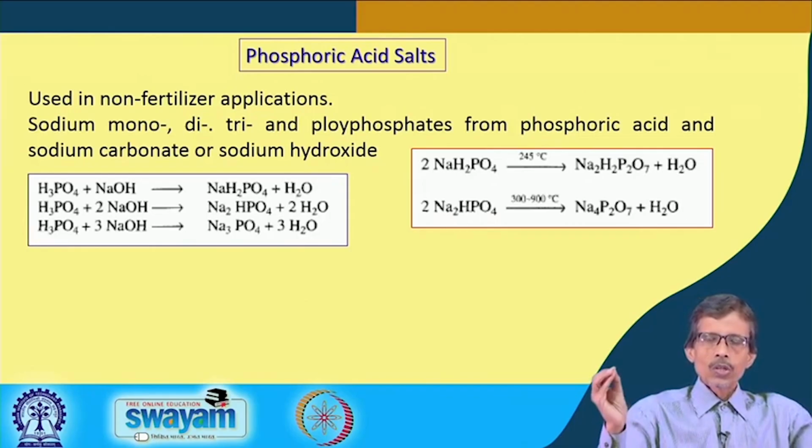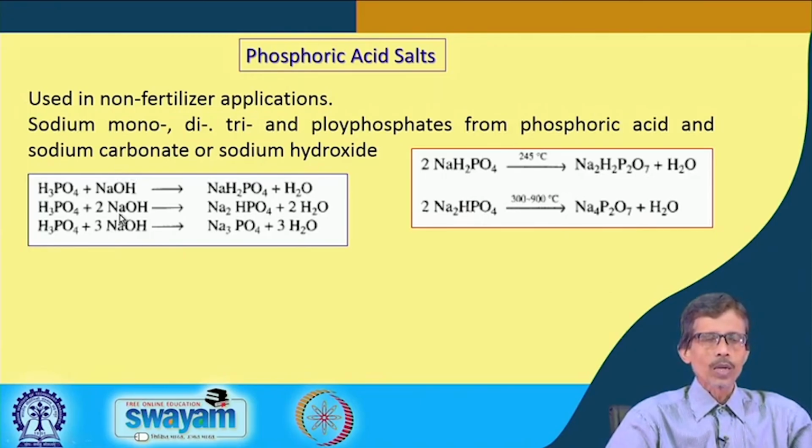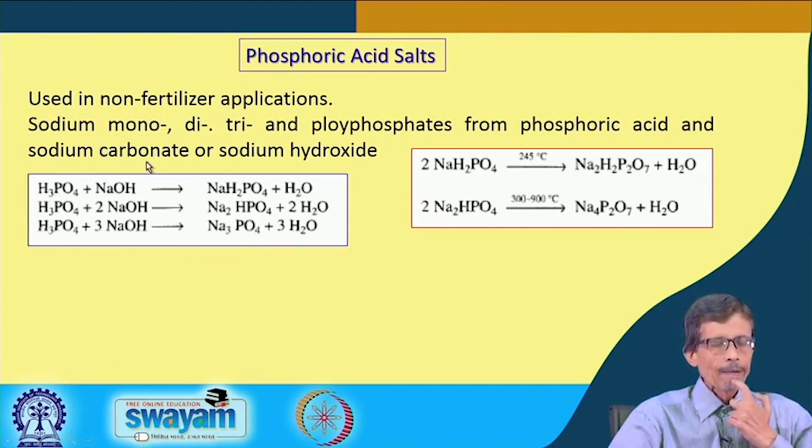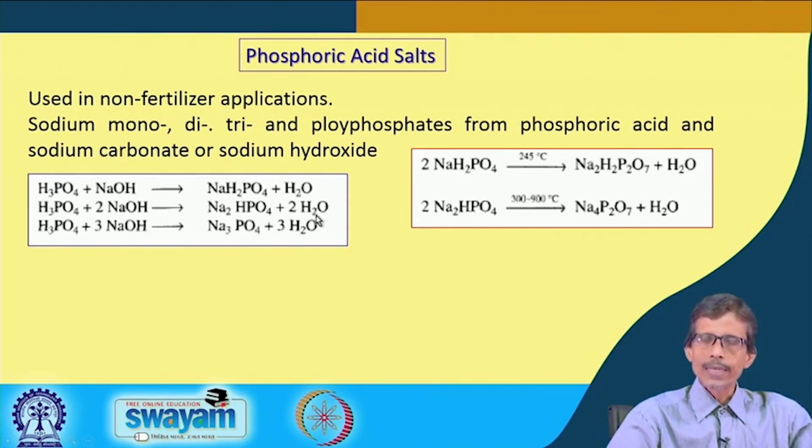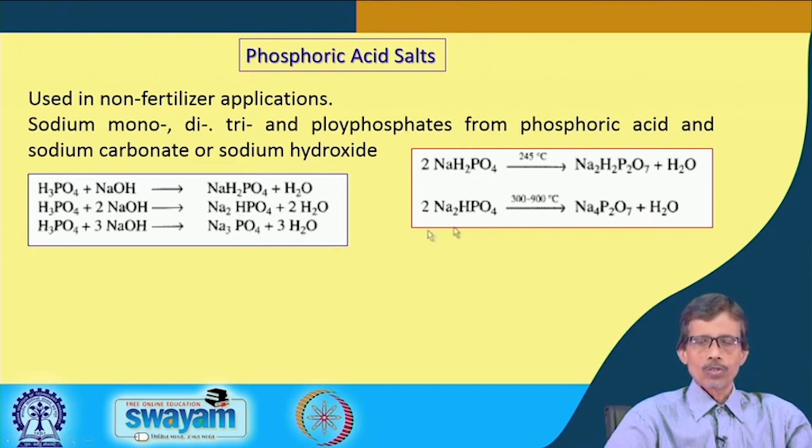The first one we can get is that the reaction of sodium hydroxide can also be substituted by sodium carbonate, where the product is also carbon dioxide, and that carbon dioxide will be eliminated from the medium, and that will also give rise to the corresponding sodium salt of these compounds. So we heat this disodium salt as well as the monosodium salt.